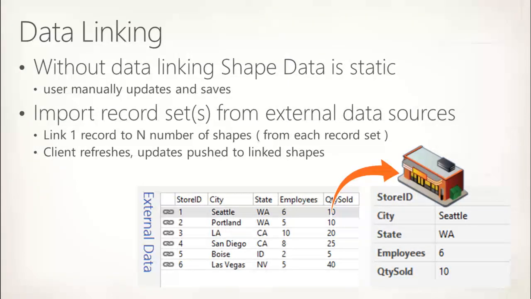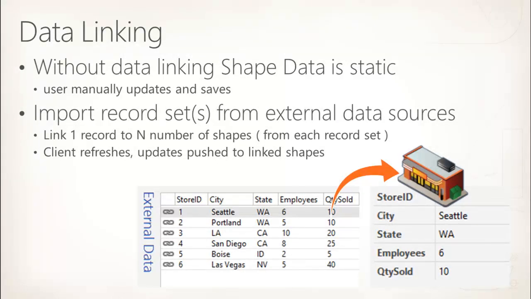On top of that, n number of records from those data sources can be linked to a shape. So if we've got 4 or 5 different data sources, maybe something coming out of Excel Services, maybe something else out of a SharePoint list, maybe something else out of BCS, we can take records from each one of those and link them to a shape on the diagram. Maybe you want to pull some of those different properties together into one view of your shape. We've got different data coming from different sources for our store: sales data, employee data.